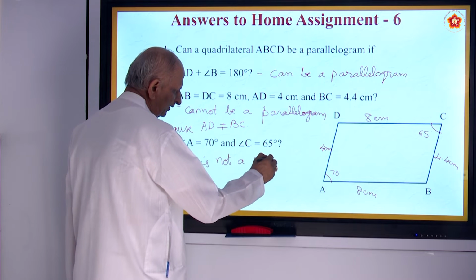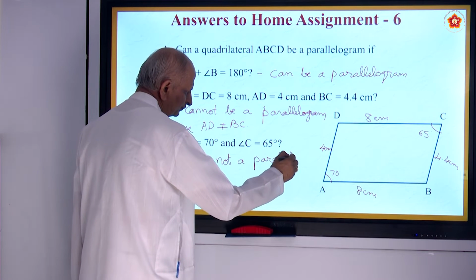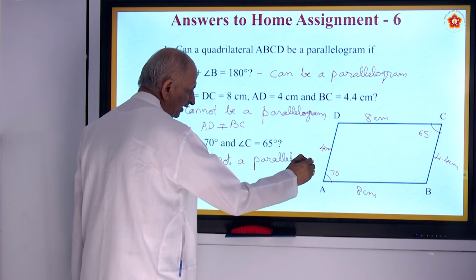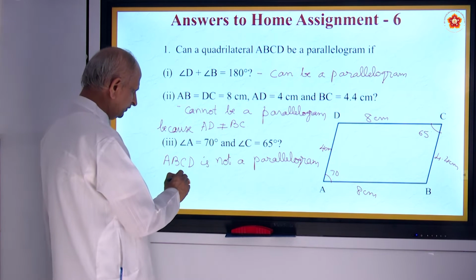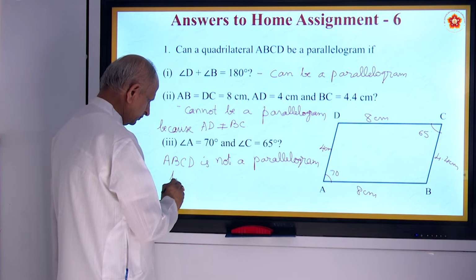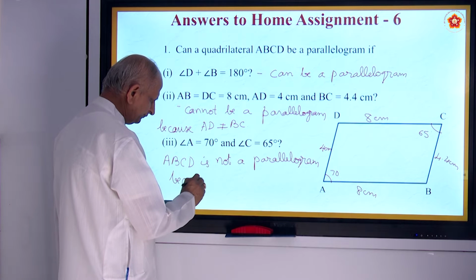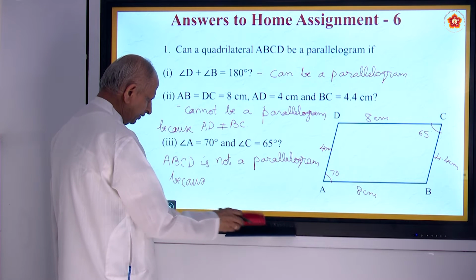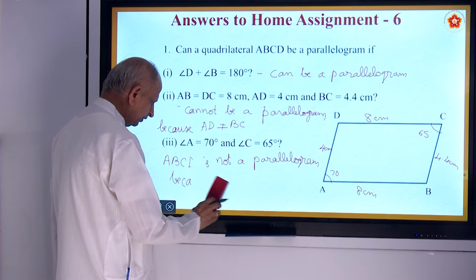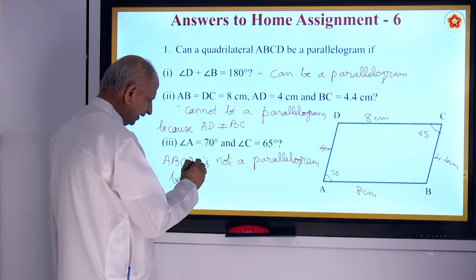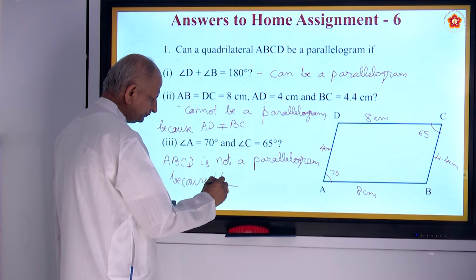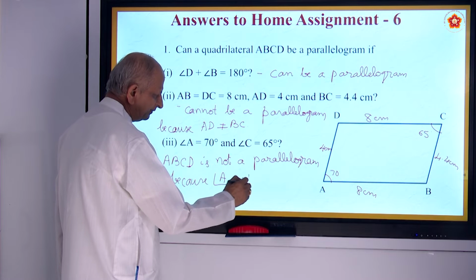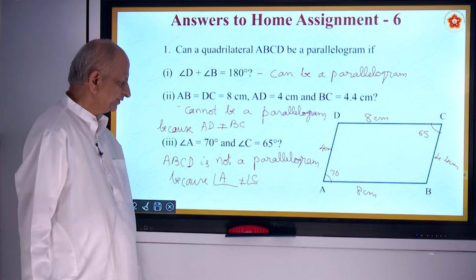Come on, why? Because angle A is not equal to angle C. What is angle A given? 70.